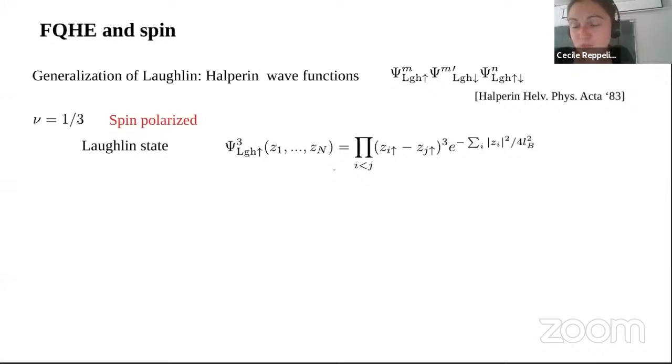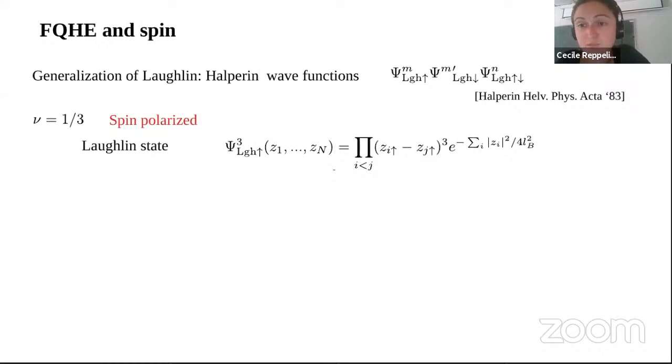So let's take two examples of this physics of the fractional quantum Hall effect while considering the role of spin. Let's review the 1/3 fraction, which we've already talked about. And this one is spin polarized.